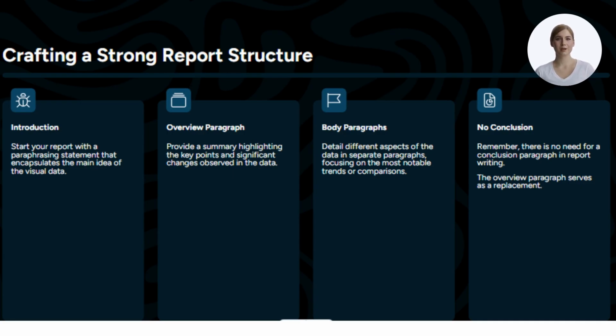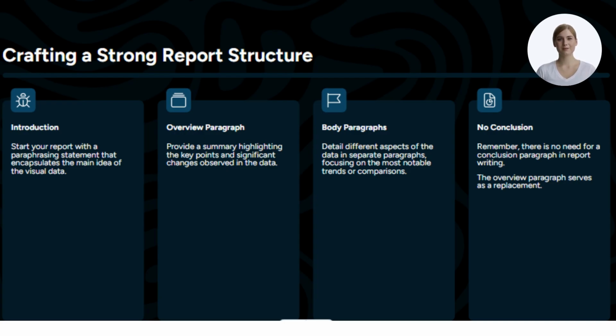Body paragraph 1. Here, you detail one aspect of the data, usually the most significant or the one with the most noticeable trend. Example. More than half of the students, precisely 52%, secured full-time employment after their degree, whereas only 15% took up part-time work. Body paragraph 2.